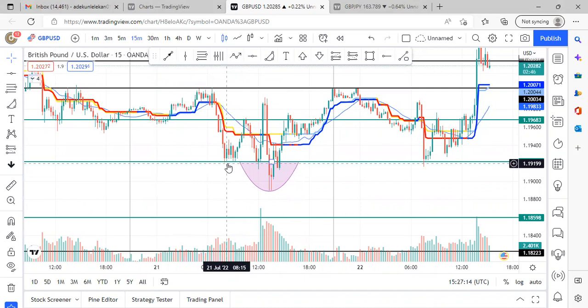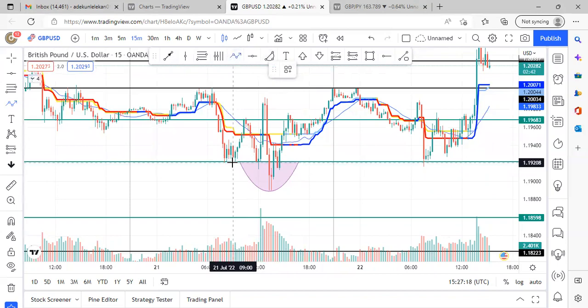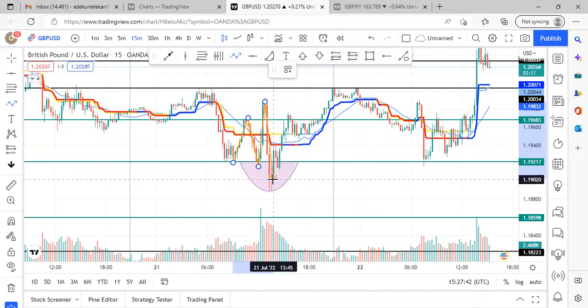From this previous support, the market went up, retested this resistance, went back up, broke this previous resistance, which is this, came back down and broke this previous support.